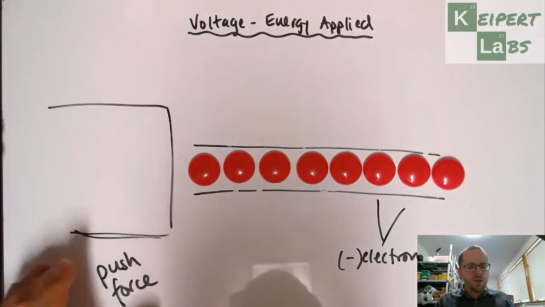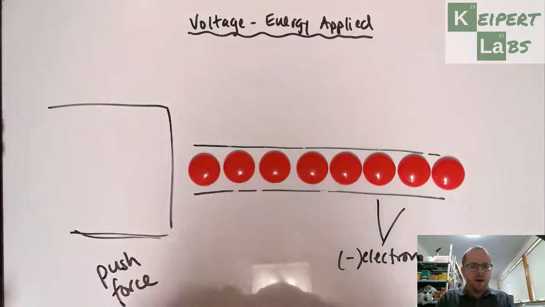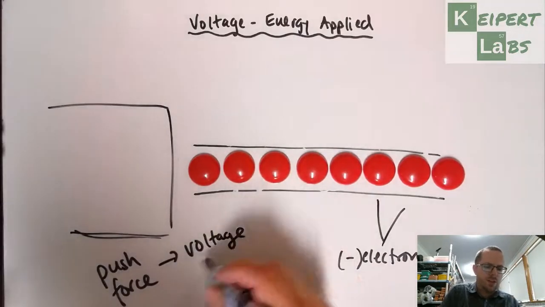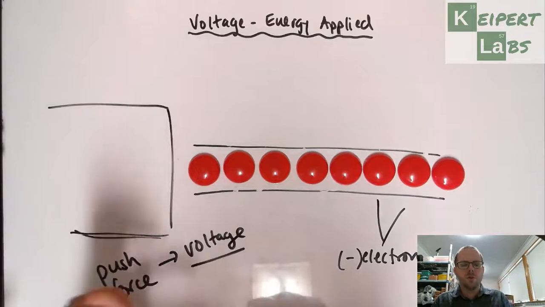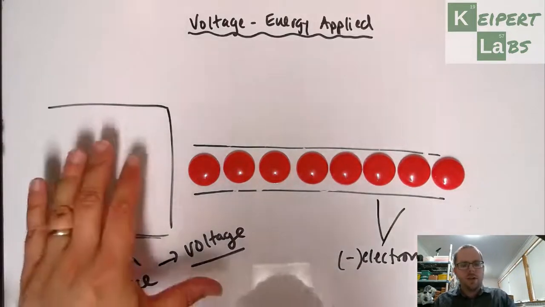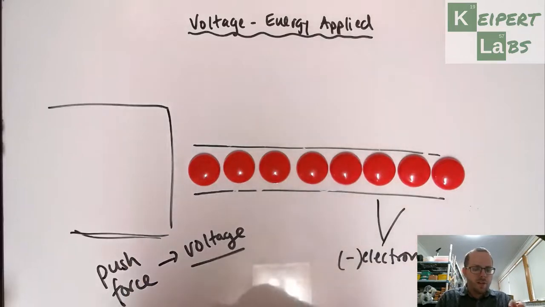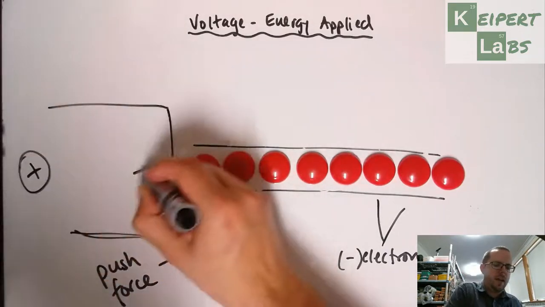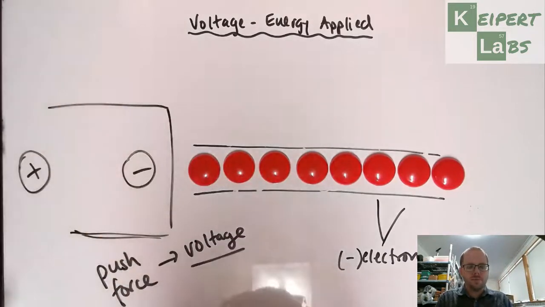The pushing force is the thing that applies what we call voltage. So voltage is this idea of the pushing force in an electric circuit. A source of voltage like a battery or a power pack has a section that has a positive charge and a section that has a negative charge.